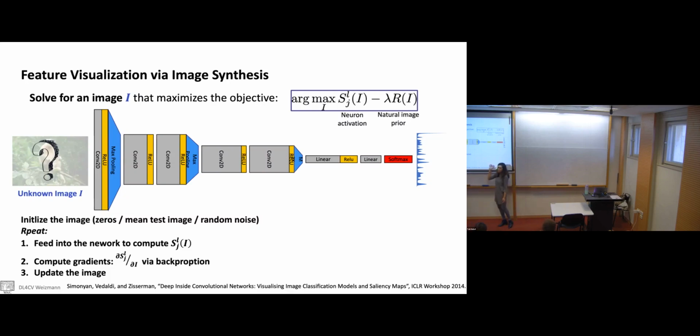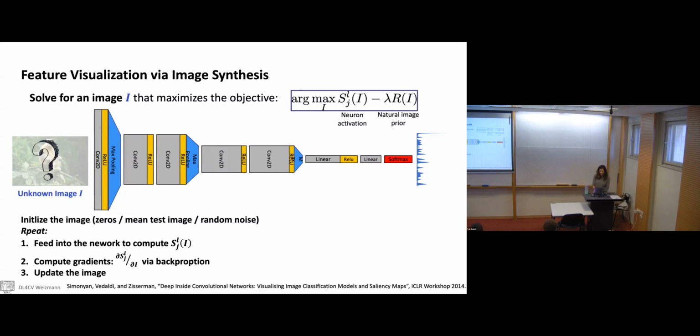Then we're going to compute the gradient of our objective function, which is basically just computing the gradients of the score with respect to each of the image pixels. We're going to update our image according to this gradient step and repeat. Okay? Something that I hope you all can think about how you open Python, PyTorch, and write it yourself.